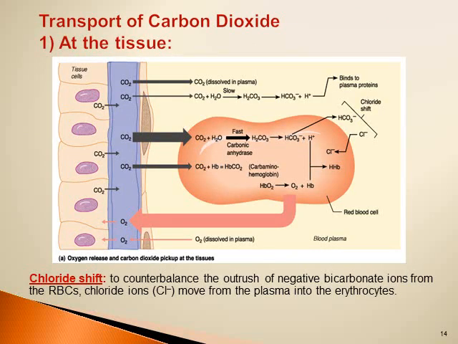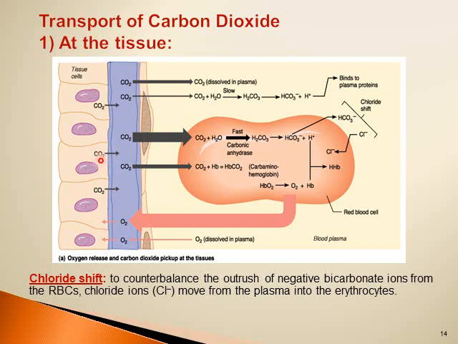Let's have a closer look at how carbon dioxide is transported from the tissues to the lung. At the tissue level, we have cells that continuously produce carbon dioxide, so its level in the cells is high.